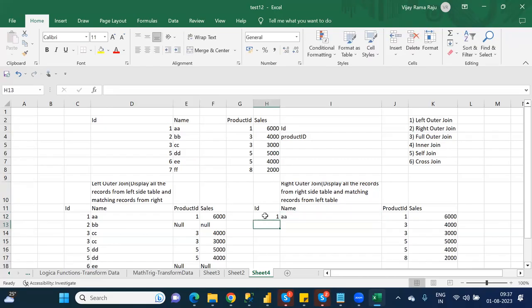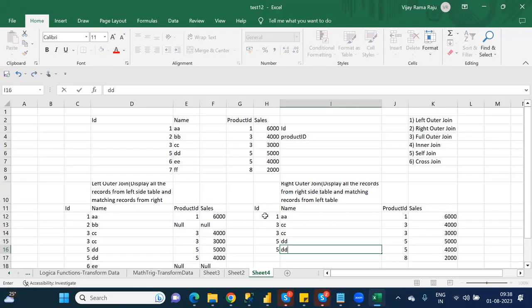Understand? Next one. What value is matching? 3, CC. Again, 3 CC is there or not? 2 times it will be there. That's the reason for 2 times. Next one is 5.